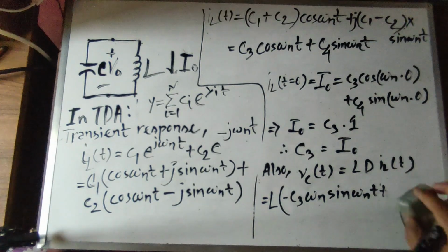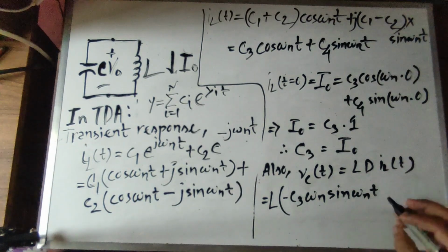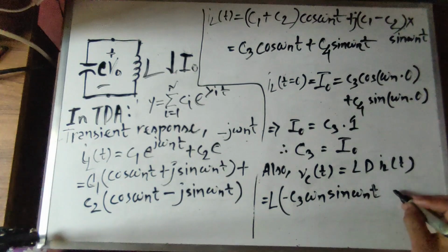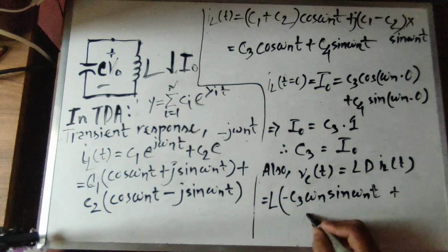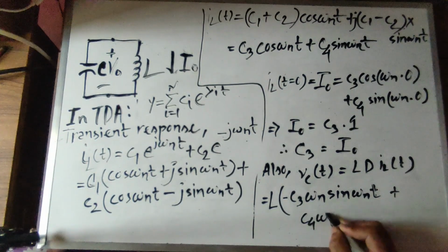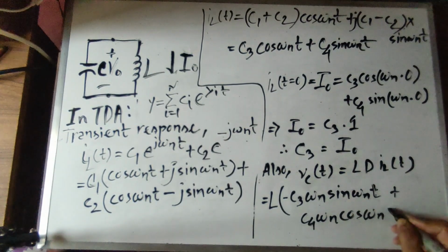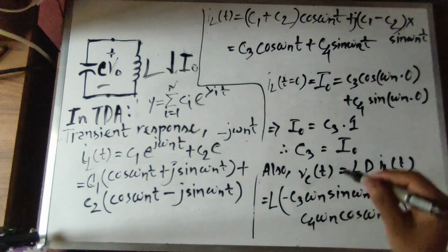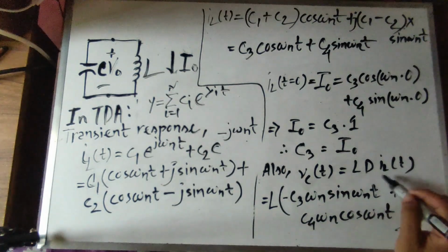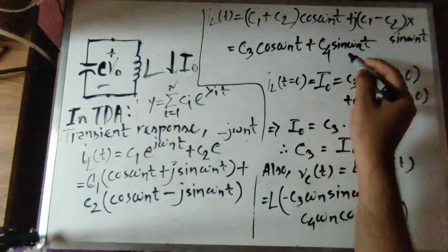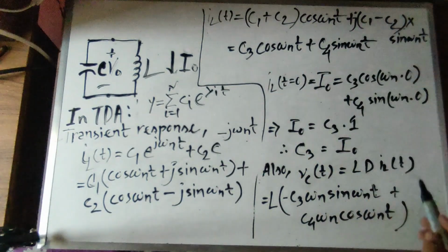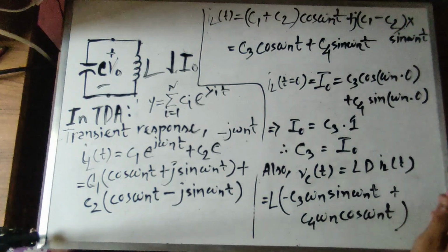So there's obviously plus C4 omega n cos omega nt. We only did the differentiation of the value for IL, which we found by solving the differential equation, the characteristic equation.